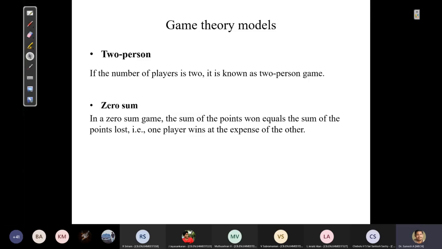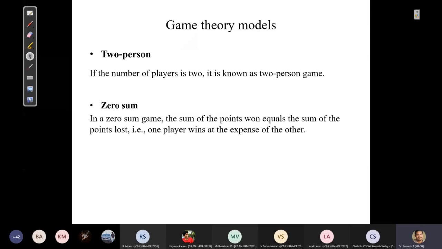Two-person means if the number of players is 2, it is known as a two-person game. And in a zero-sum game, the sum of points won equals the sum of points lost. That is, one player wins at the expense of the other. Whatever points one person is gaining, the other is losing. So these are the two models you normally see in game theory.